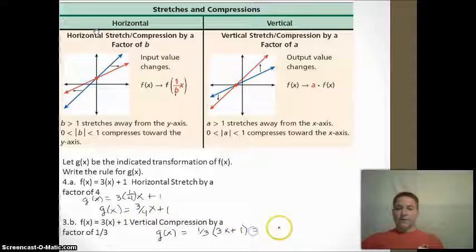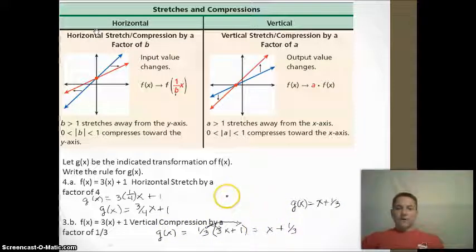So that means our new g of x is 1/3 times 3x, which is x, and 1/3 times 1. So our new g of x in this vertical change is now x plus 1/3. So our whole function changed.